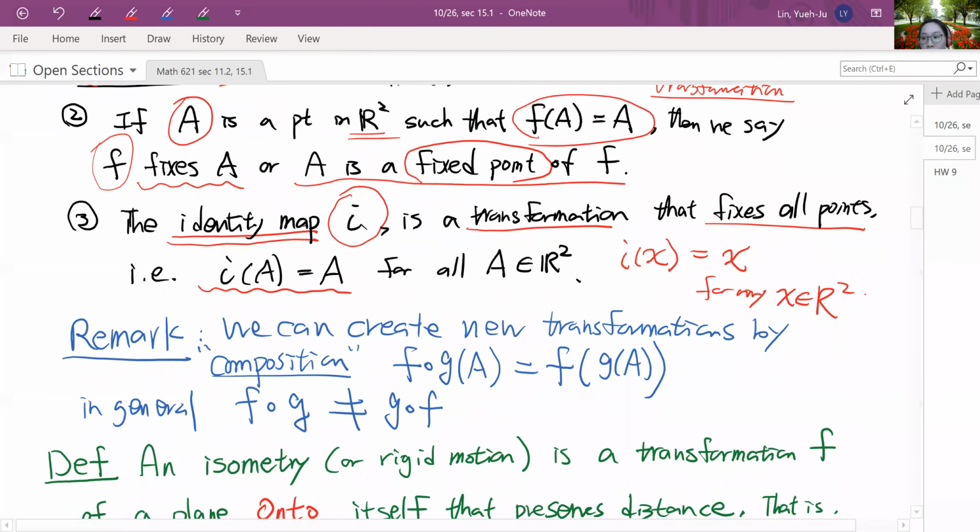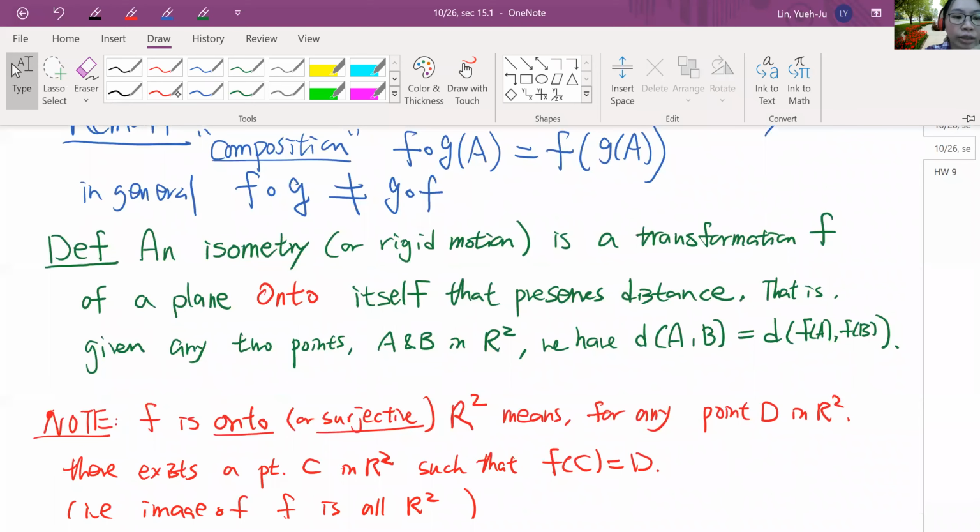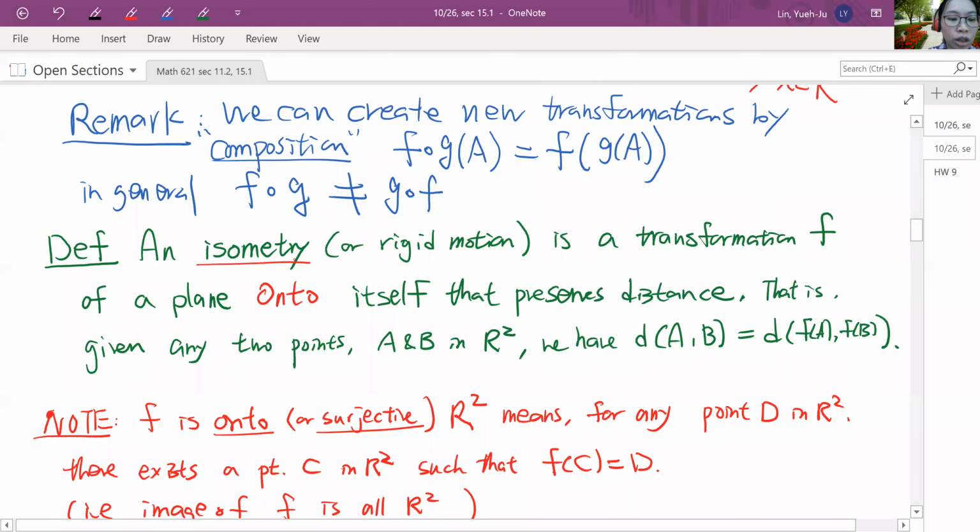So now finally, I can introduce what an isometry is. In the context of plane geometry, an isometry, or rigid motion, is a transformation, meaning a map, a function from R2 to R2. So a transformation from a plane onto itself.